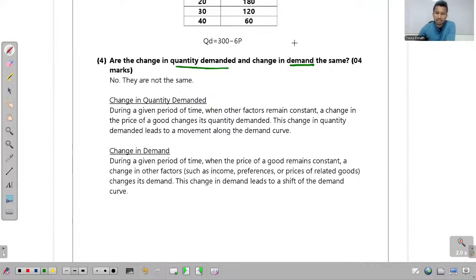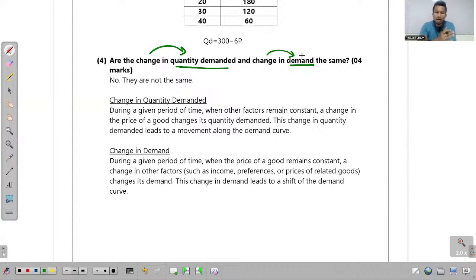They are related, but still they are different. If quantity demanded is one thing and demand is something else, the change in quantity demanded and the change in demand must be again two different concepts. Clear?